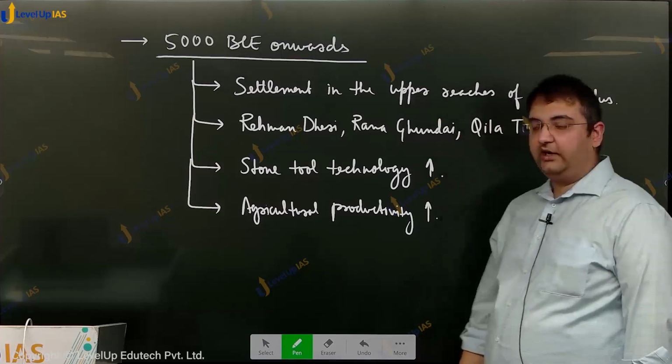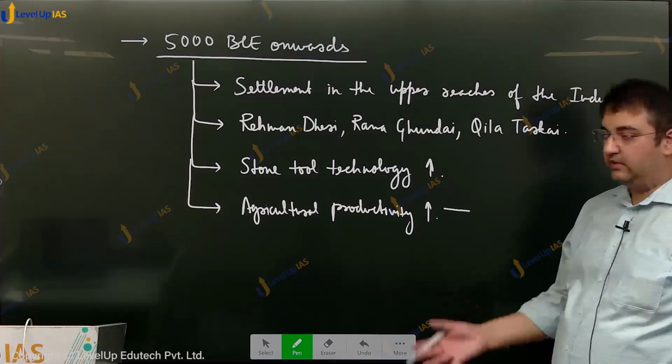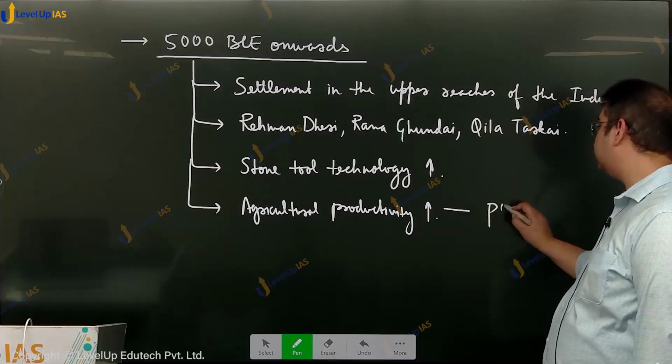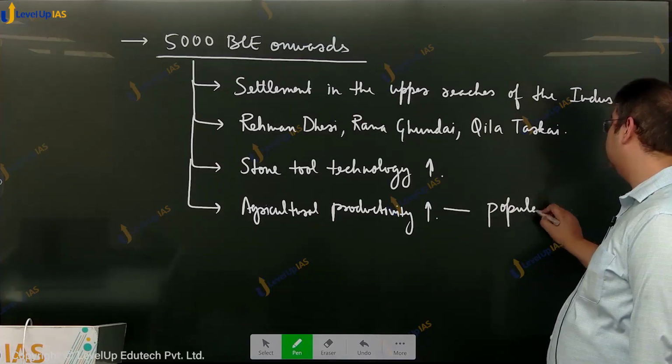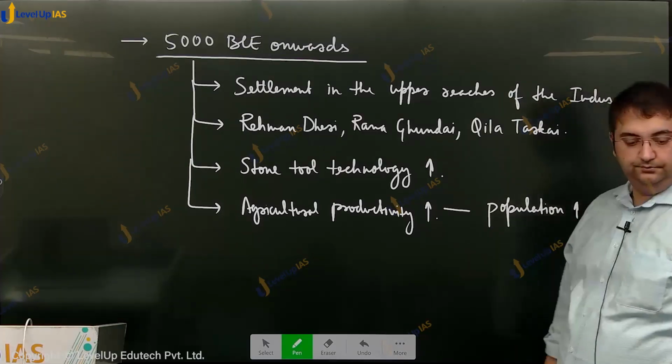As agricultural productivity increased, what would happen to population? That would also increase. ठीक है?